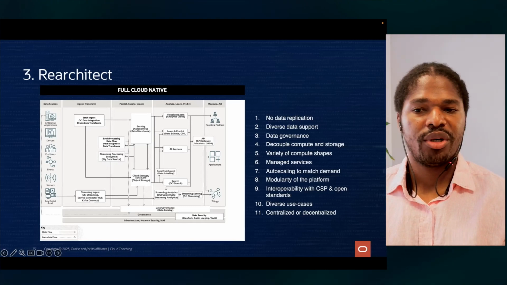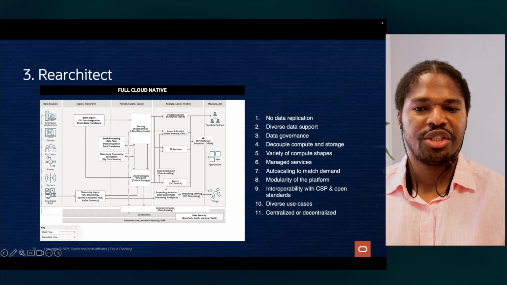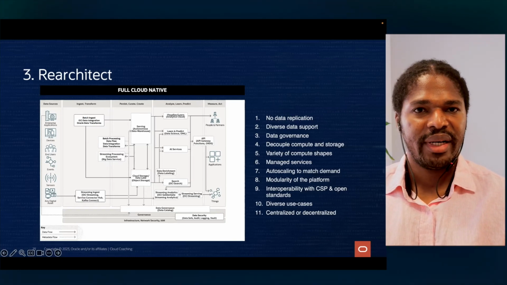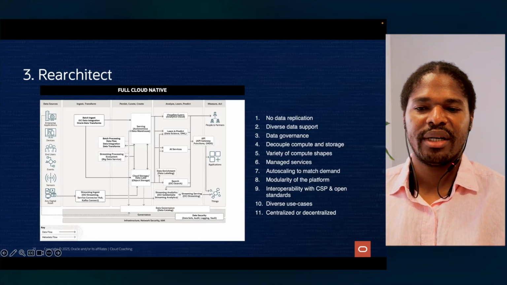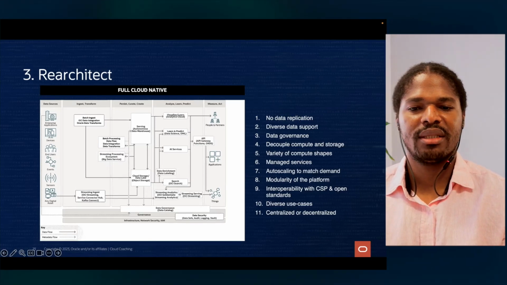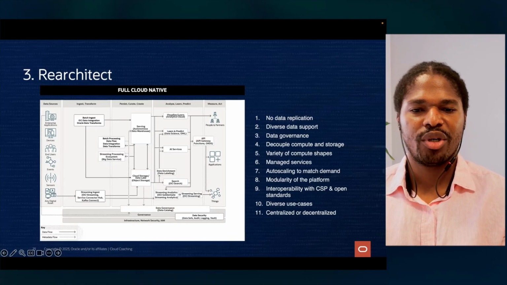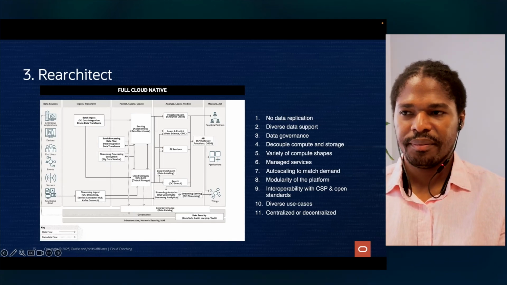It also supports a diverse set of use cases, including the streaming ingestion, the analytics, data science, machine learning, sharing the data. And finally, there are different architectural approaches. You can go with a centralized lakehouse, or you can have a decentralized approach, which will look more like a data mesh.